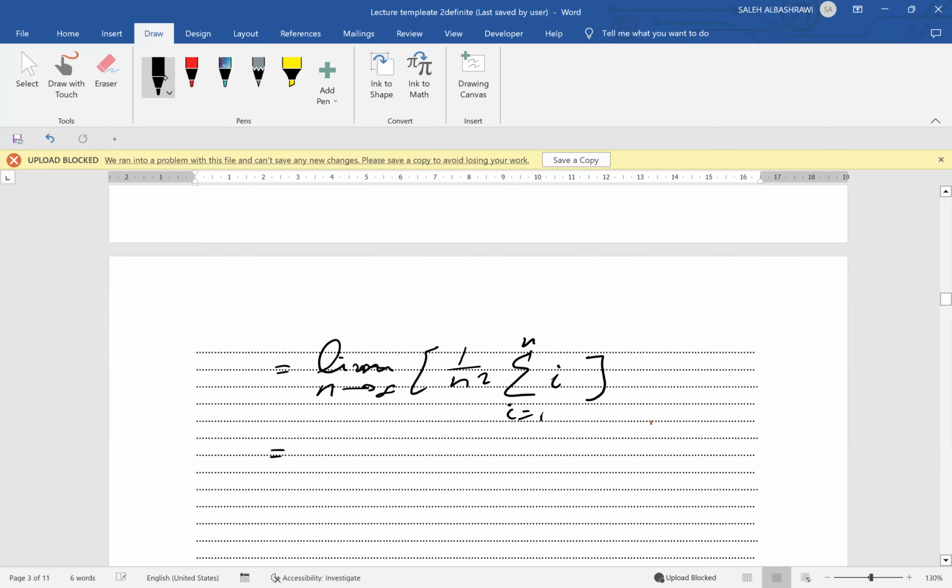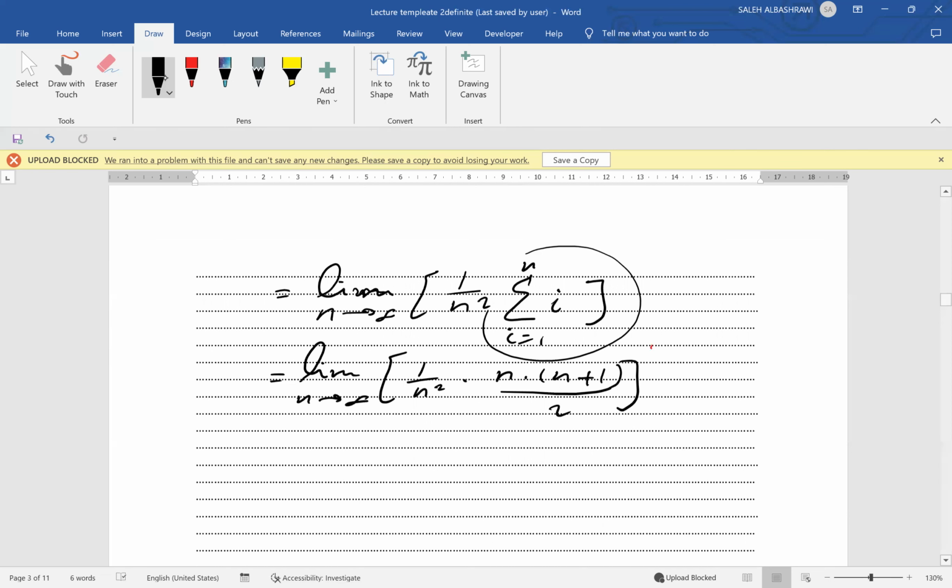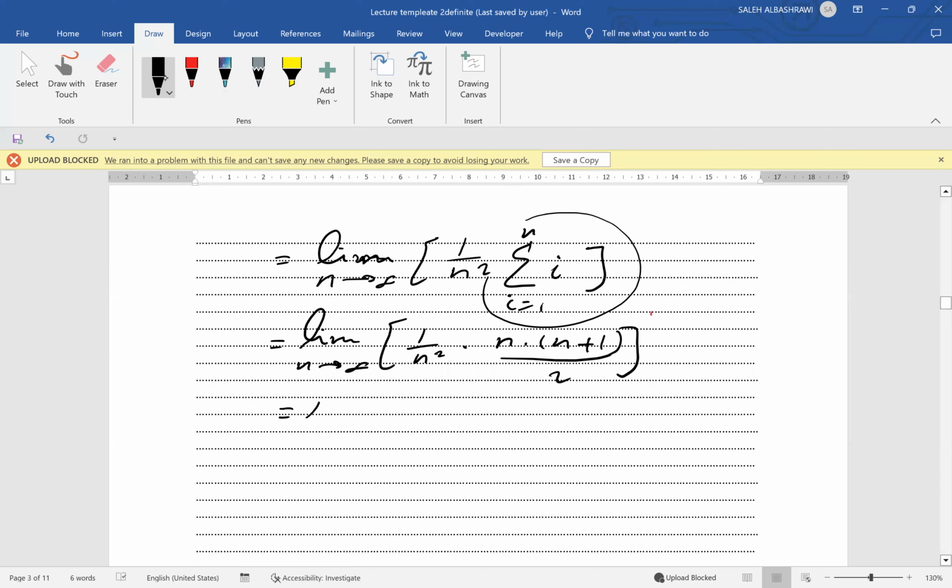So this is equal to the limit of 1 over n squared multiplied by n times (n plus 1) divided by 2, as n goes to infinity, which is equal to, just open the bracket and simplify it: 1 over n squared multiplied by (n squared plus n) divided by 2.